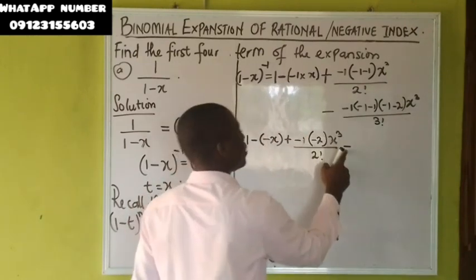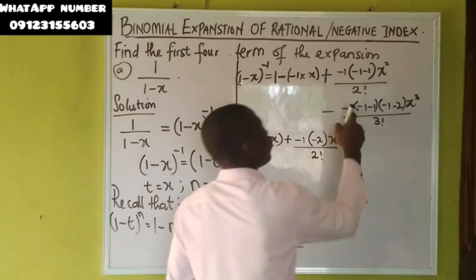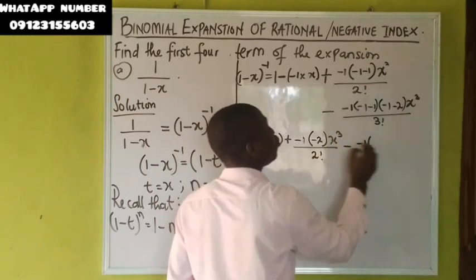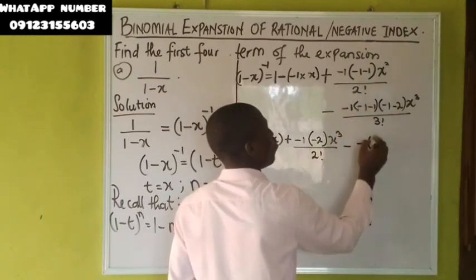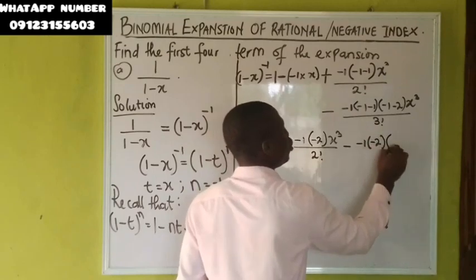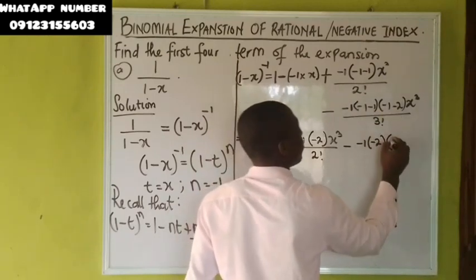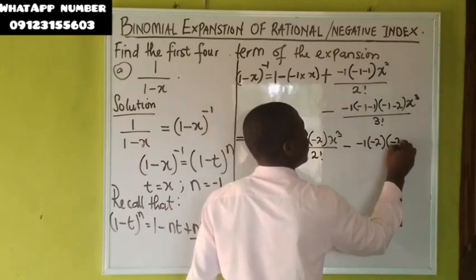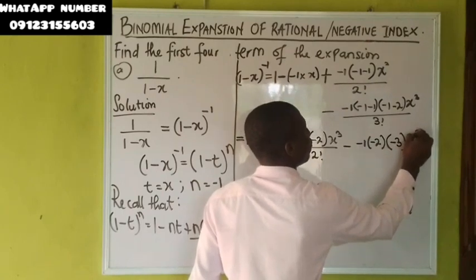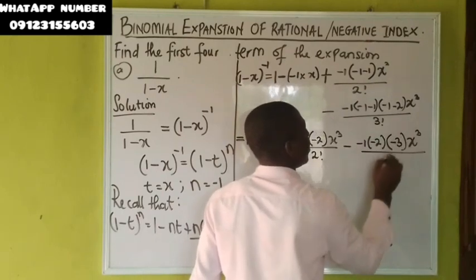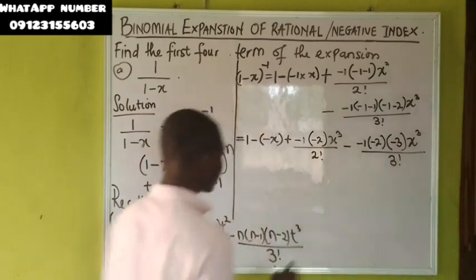Minus, this is my minus here, so I have minus 1 into minus 1 minus 2 into minus 1 minus 3. Minus 1 minus 2 becomes minus 3, x to the power of 3, cube, rather 3 factorial.